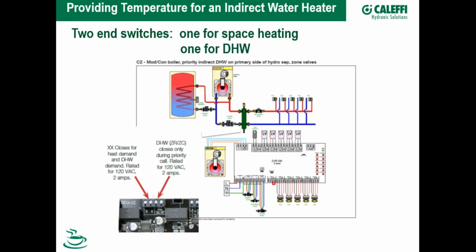From this aspect, I like it from the idea of it's there during the non-heating seasons. I've minimized the amount of the piping system that I have to heat up, and I'm only running a single pump to recover the indirect water heater, rather than running a pump to bring the hot water out to the hydraulic separator, and then the pump to bring the water from the hydraulic separator into the indirect water heater.